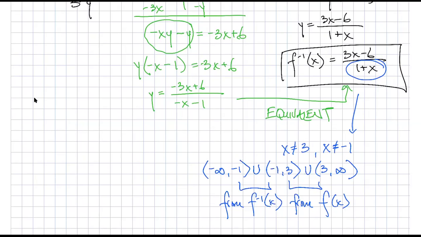Why not? Why can't x be 6? Why can't it be negative 6? What part of the equation tells you it can't be negative 6?